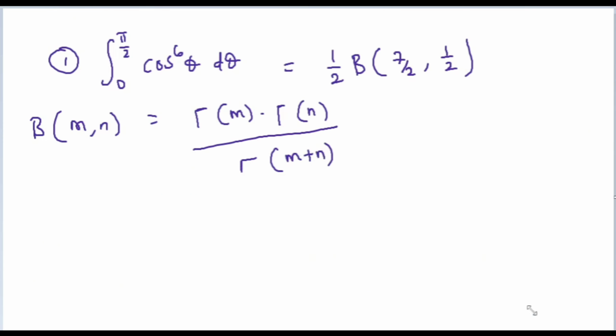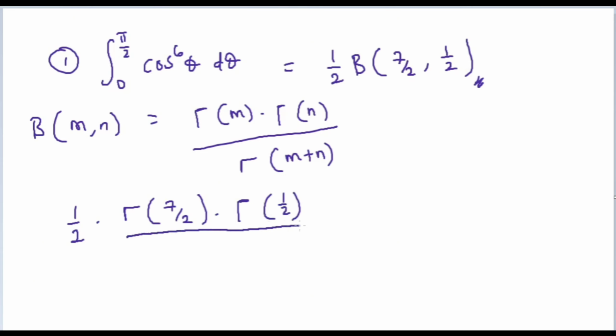All right, so what I will do now is find this one. I will have 1 over 2 times beta of 7 over 2, comma 1 over 2, which means I will have the gamma of 7 over 2 times the gamma of 1 over 2 over the gamma of 7 over 2 plus 1 over 2.